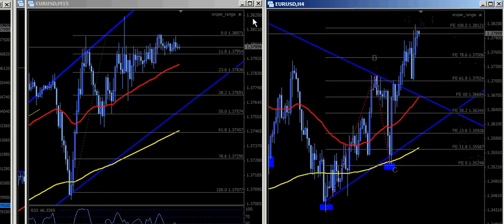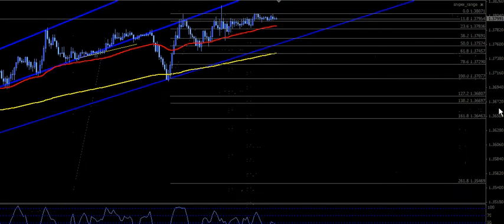Now, looking down at the smaller time frames, I posted earlier today about this ABC that could possibly be forming, and it did. We have A, B, C that came to the 50% retracement and then started its ascent upward. Very slow grind upward.